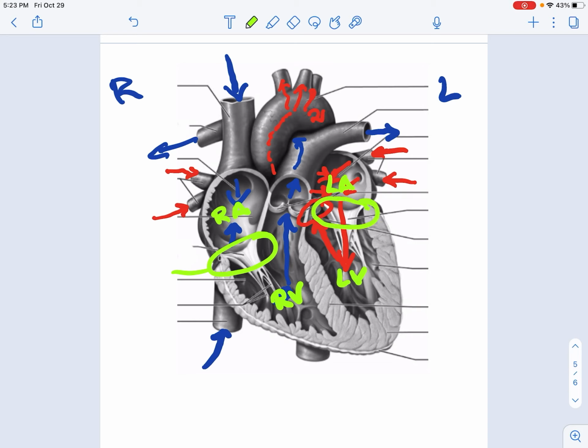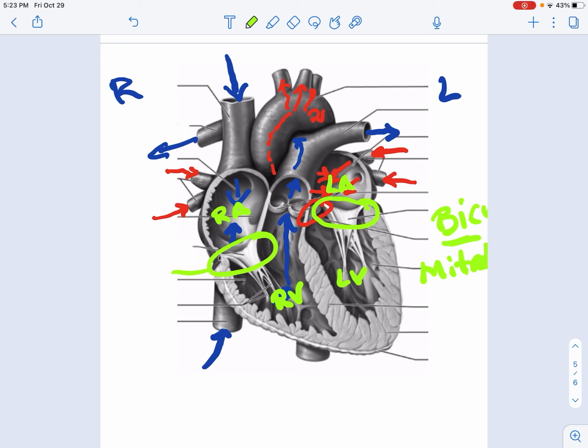Left atrioventricular valve, also known as a bicuspid, because it has two cusps, bicuspid, or mitral, M-I-T-R-A-L, and I'm off the page there, I apologize.